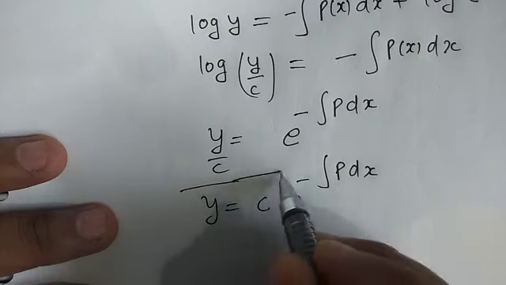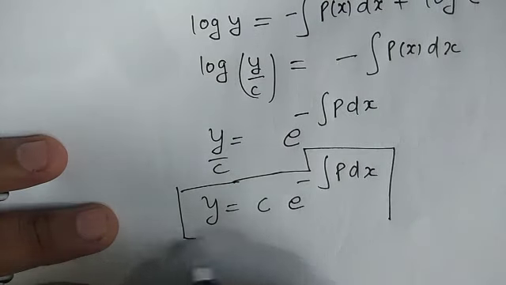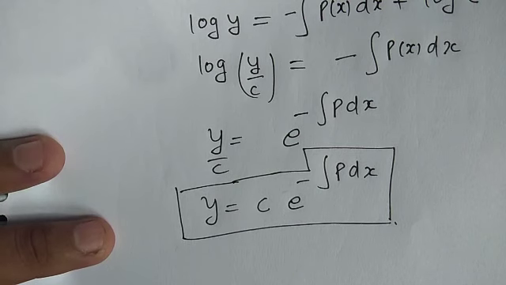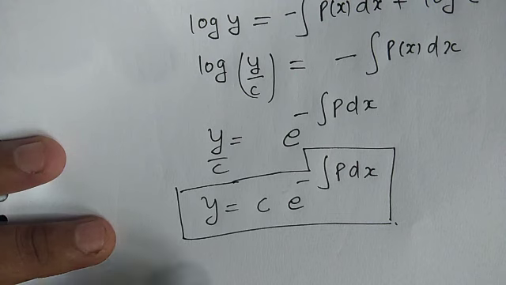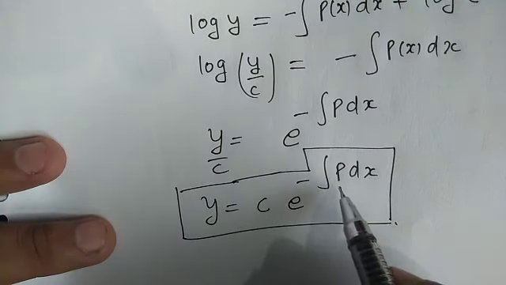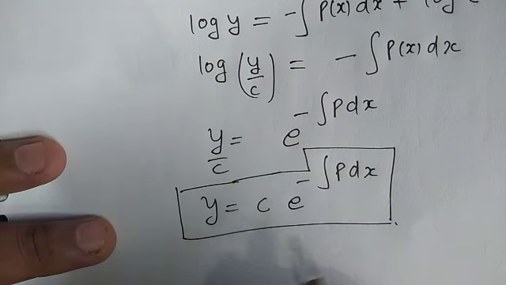So this is the solution of the homogeneous differential equation, y equals c e power minus integral p dx, where c is an arbitrary constant.